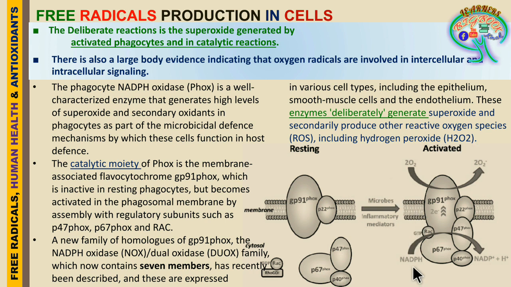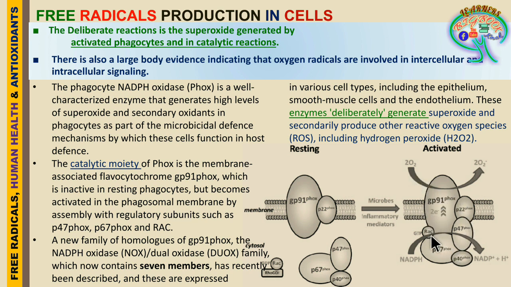Now you can see here the action of the FOX enzyme, the phagocyte NADPH oxidase, which has influenced the formation of this particular complex, the 7 members of the family, which are homologous, in the sense that these are complexes of proteins.